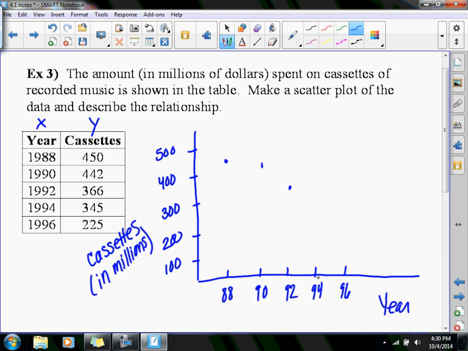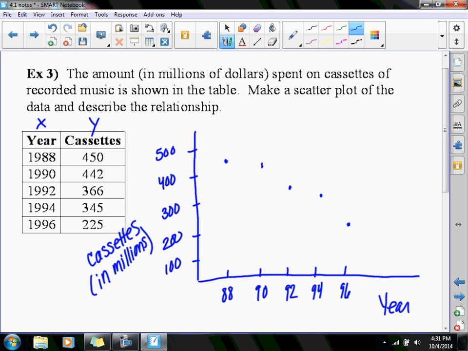In 1994, I had 345, so a little bit less. And in 1996, I had 225, so just a little over the 200 mark. Now it's a scatter plot, so that means we don't have to connect our points. We can just leave them scattered across our graph.